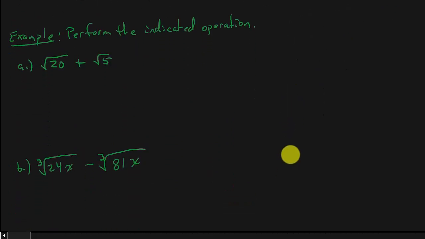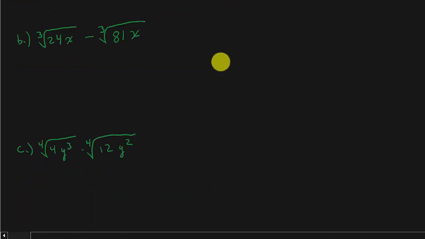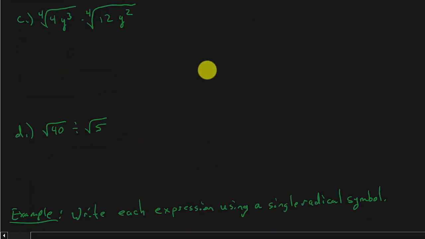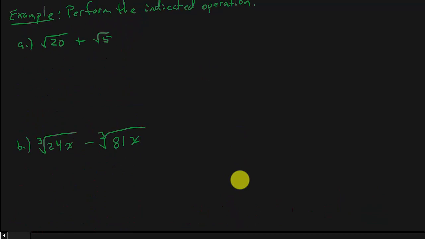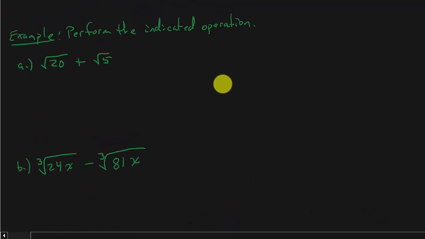All right, so now perform the indicated operation. We're going to be adding, subtracting, multiplying, and dividing these things. Now, what you've got to understand, this lecture is based on college algebra. What we're going over right now is in what a lot of college algebra books call chapter P, which is the prerequisites.